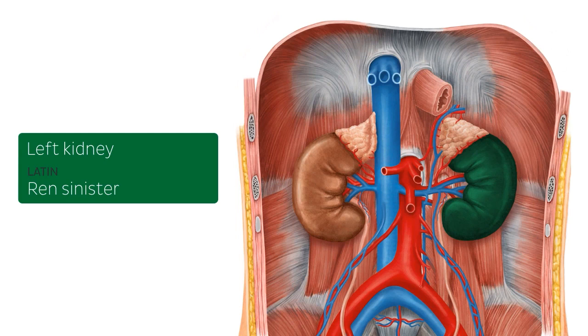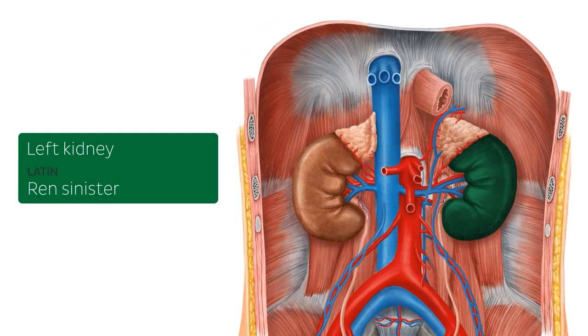Now, both kidneys, together with the adrenal glands that sit on top of them, as you can see here, these two structures that I mentioned before, are surrounded by renal fascia and have two layers of fat between the kidney and the adrenal glands that sit on top of them.